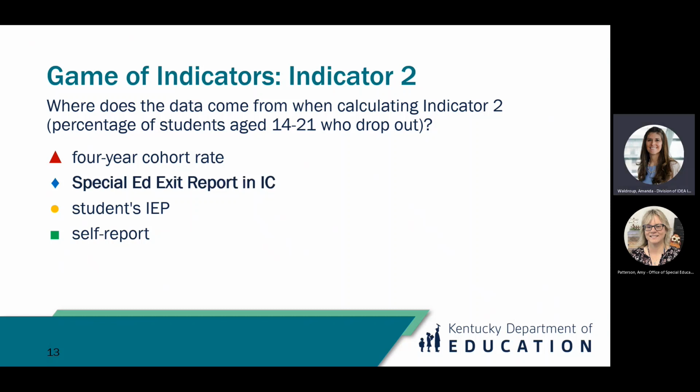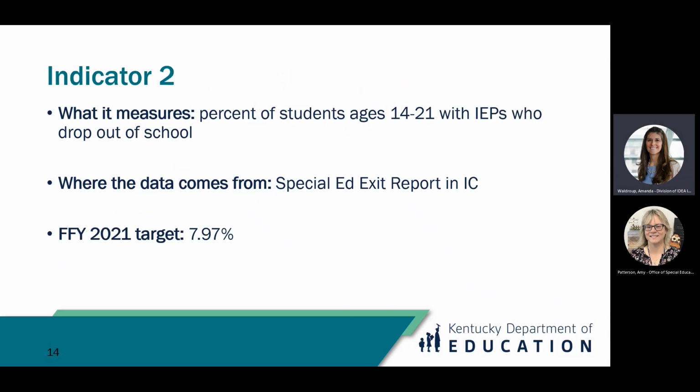The answer is the Special Education Exit Report in IC. Indicator 2 is the percent of students ages 14 through 21 with IEPs who drop out of school. This data comes from the Special Education Exit Report in Infinite Campus. Our target for 2021 was 7.97%.